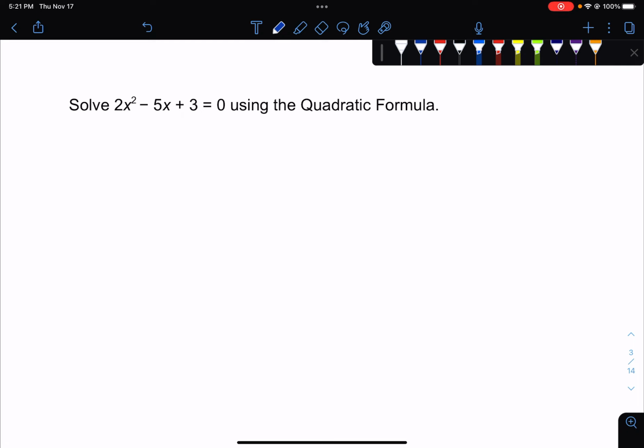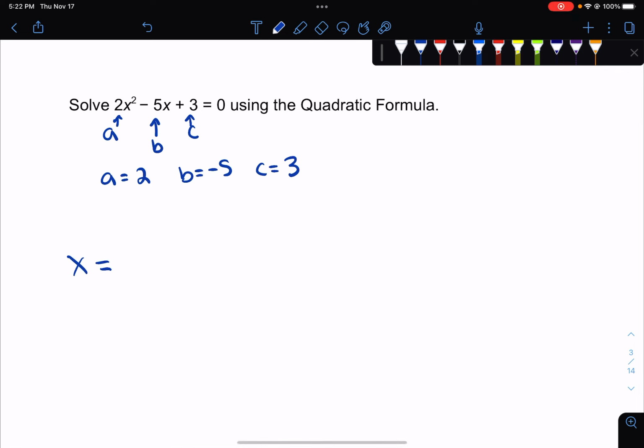But now that it's set equal to 0, I know that whatever's in front of x squared is my a, whatever's in front of x, that's my b, and whatever's all by itself, that's my c value. So a is equal to 2, b is equal to negative 5, and c is equal to 3.